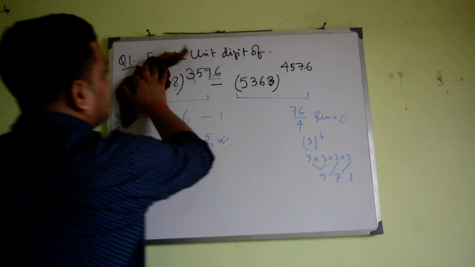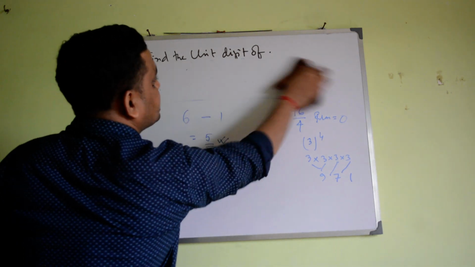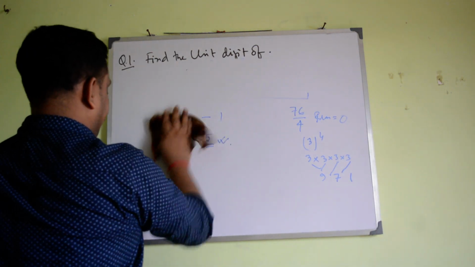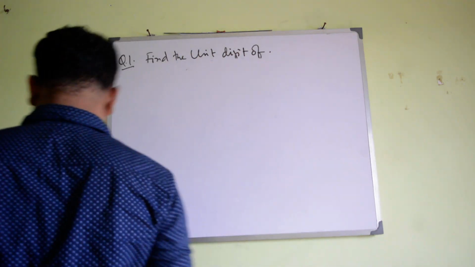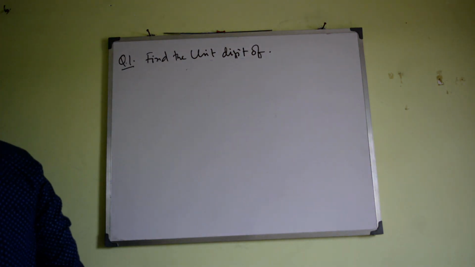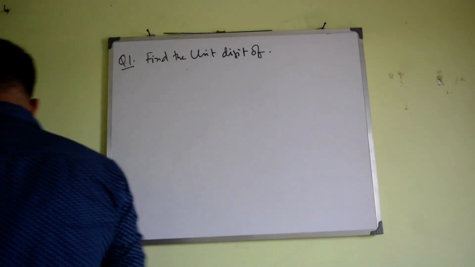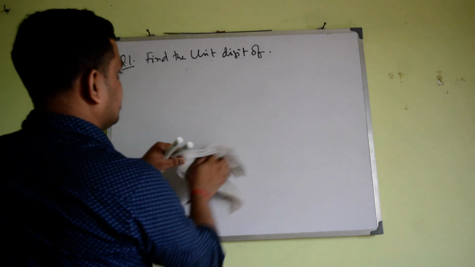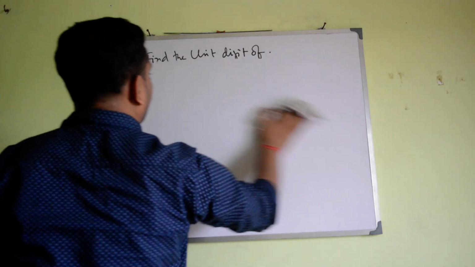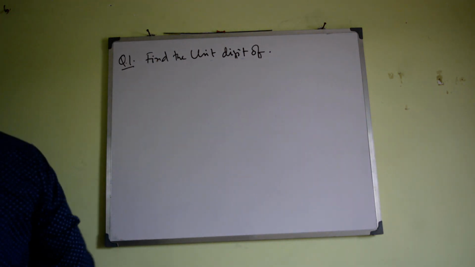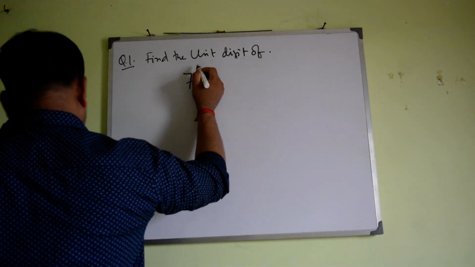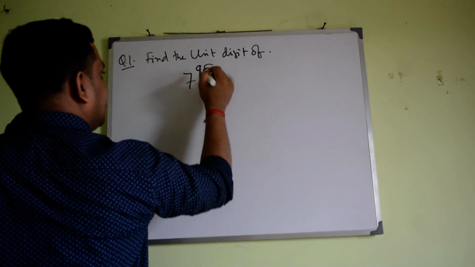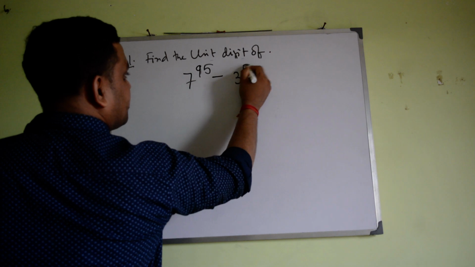We try this problem. Just try to solve this problem. Let's say 7 to the power 95 minus 3 to the power 58.